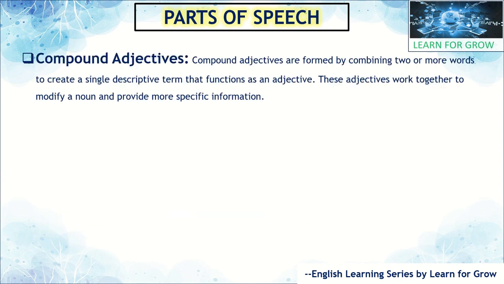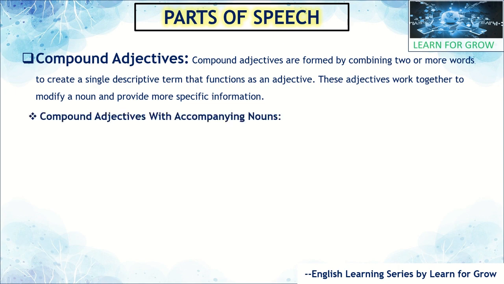Right? And the next one is compound adjectives. Compound adjectives are formed by combining two or more words to create a single descriptive term that functions as an adjective. These adjectives work together to modify a noun and provide more specific information.